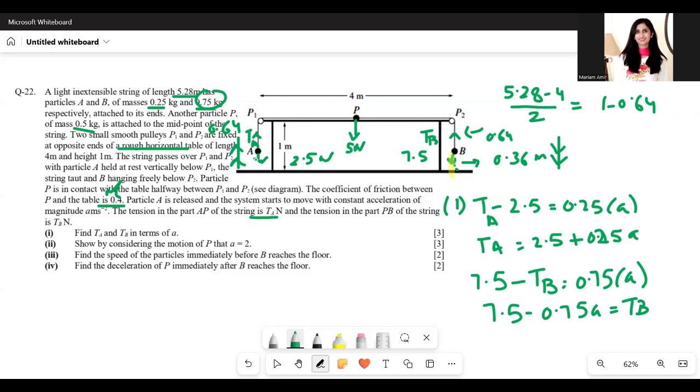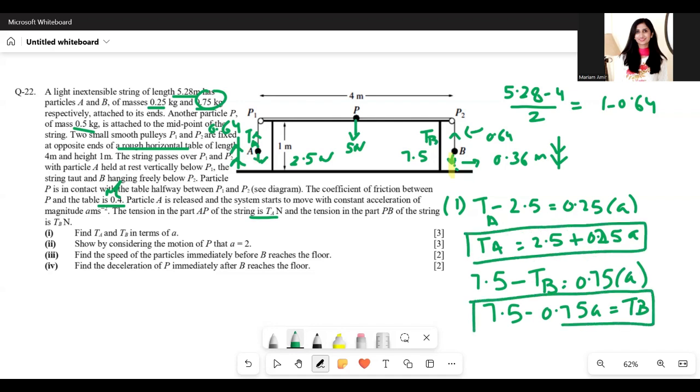So now we have both TA and TB in terms of a as required by the question. Part 1 is done.